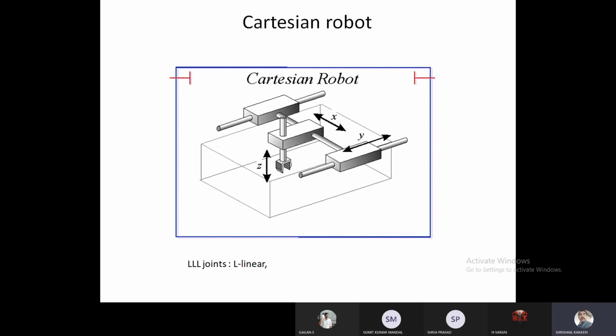And the Cartesian coordinate robot will be developing a work volume in a rectangular form, so it is also called a rectangular coordinate system.